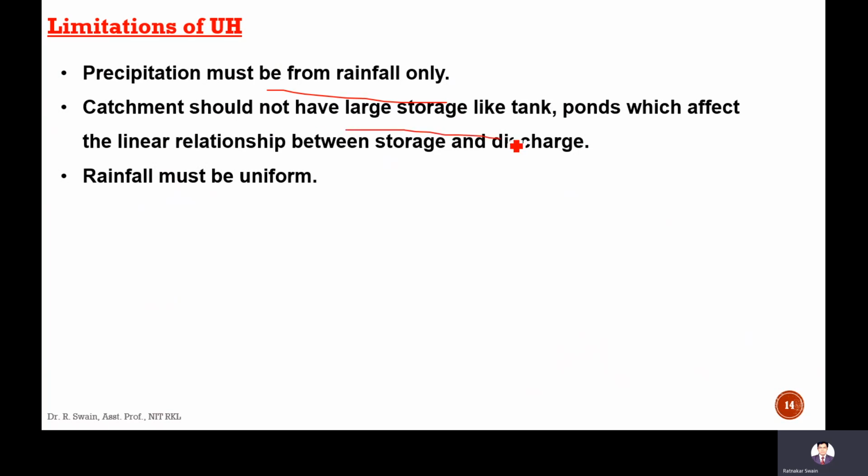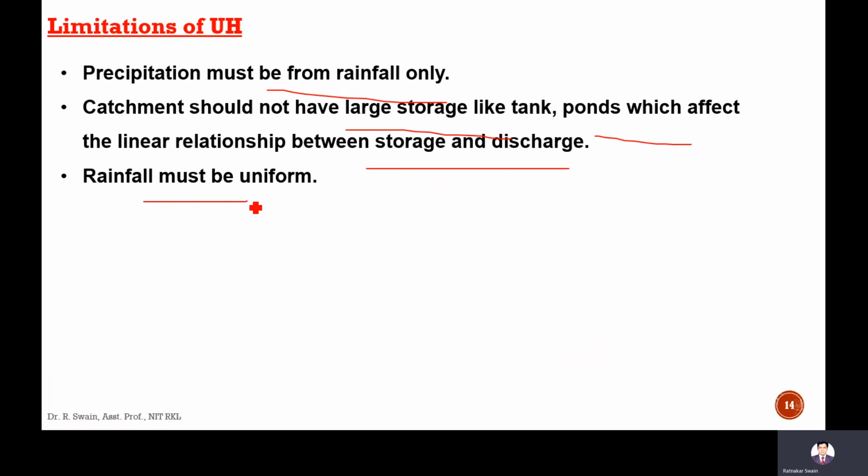The catchment should not have large storage like tanks, ponds, or reservoirs, which affect the linear relationship between storage and discharge. In that case, the unit hydrograph cannot be used.